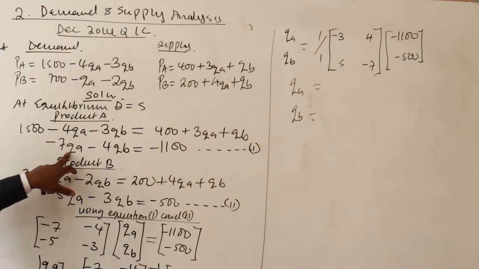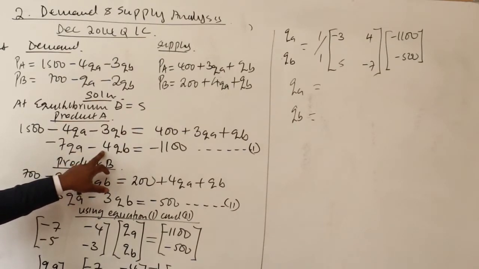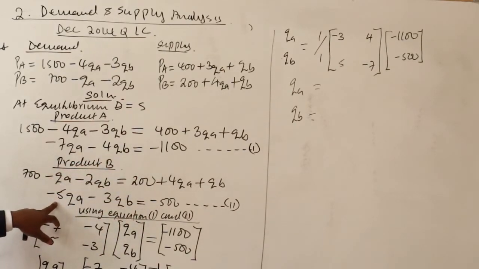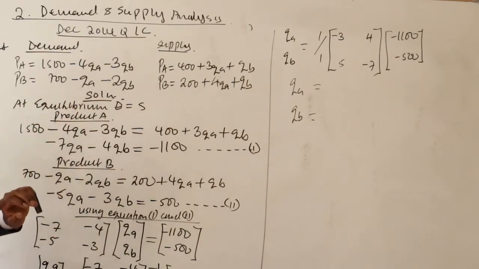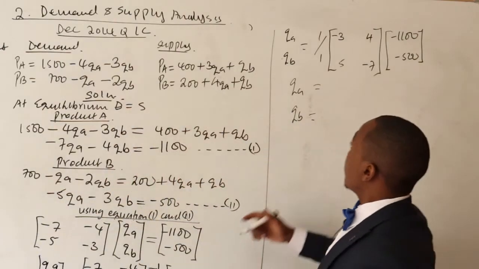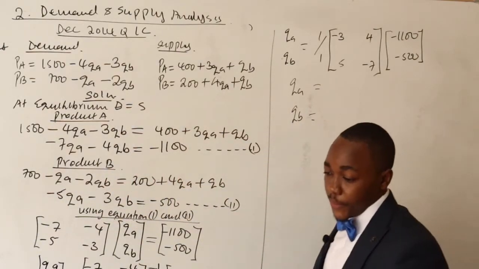This was negative 7, and that's 4. That one is okay. For quantity B, yeah, it's okay.